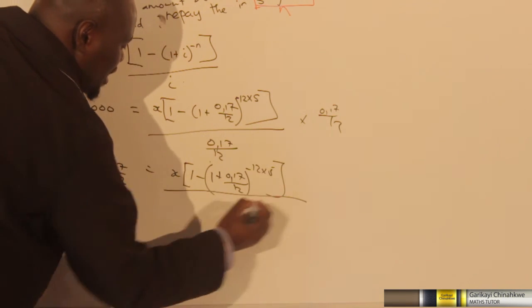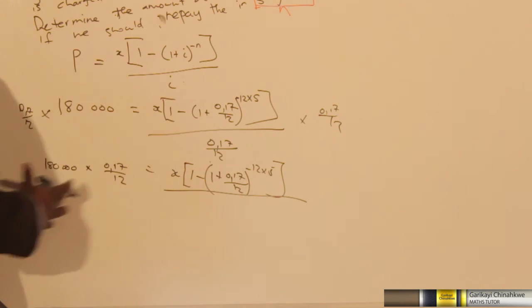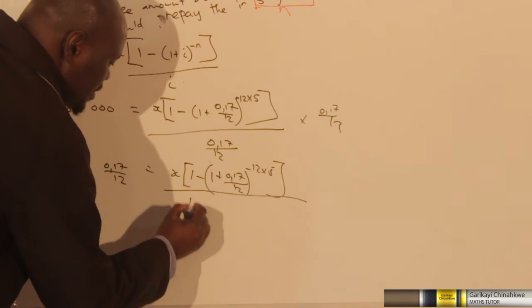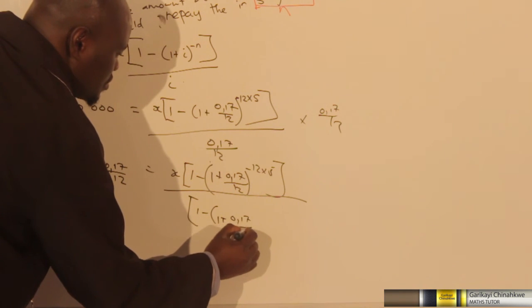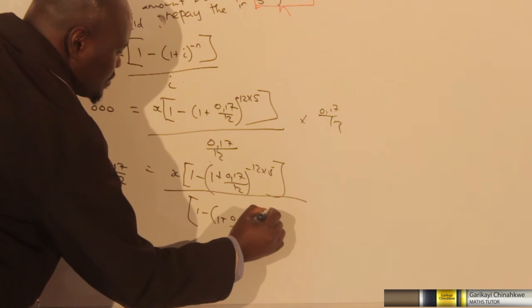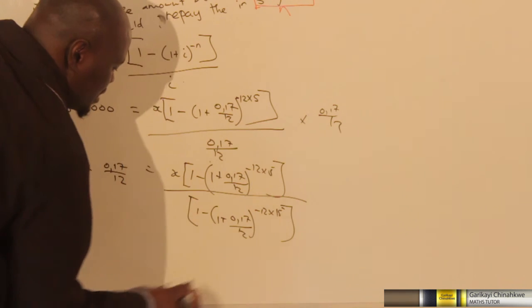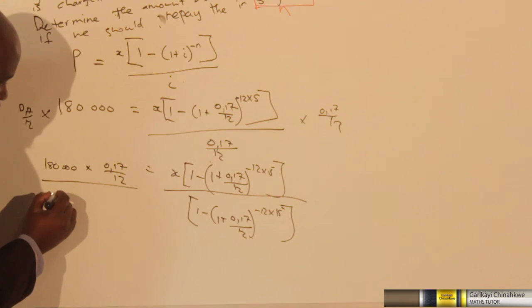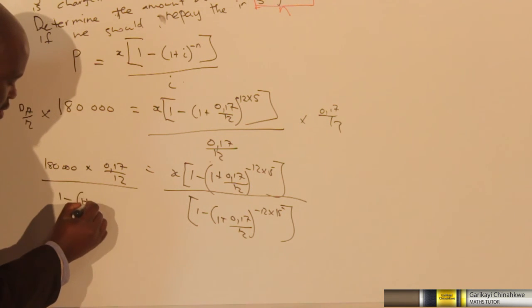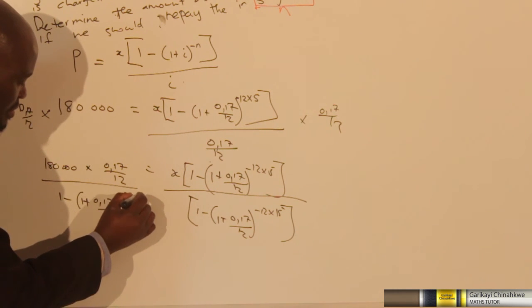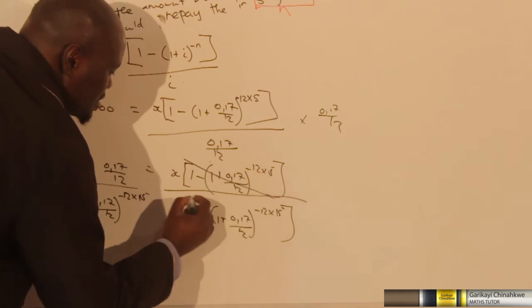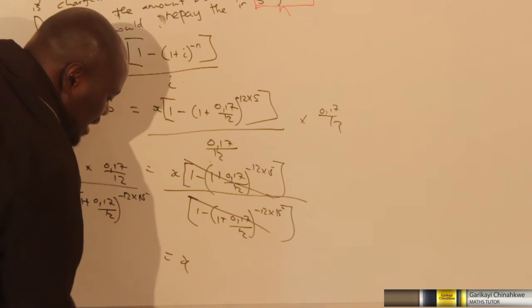Okay, then we divide by this bracket both sides. So this will cancel out this, and then we remain with X.